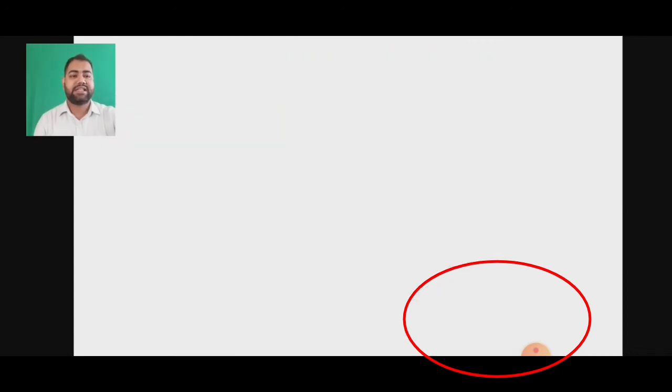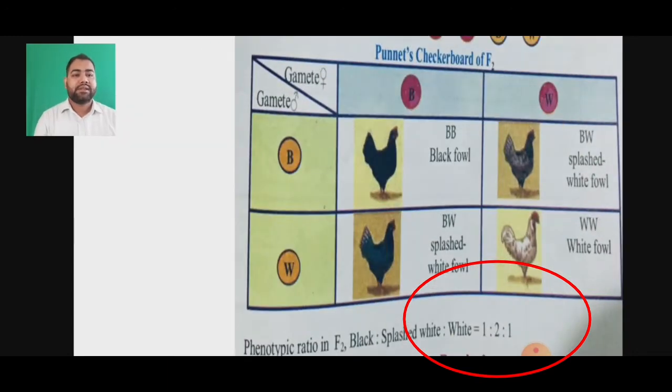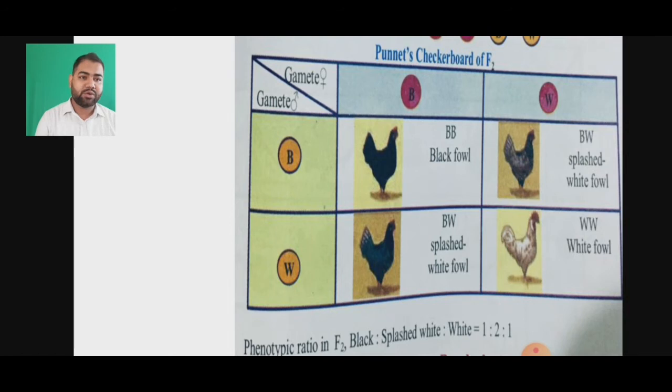In the F2 generation, the results are shown in the Punnett square or checkerboard. Here one black fowl, two splashed white fowl and one white fowl are produced in the F2 generation, and that is the second deviation of Mendel's first law.